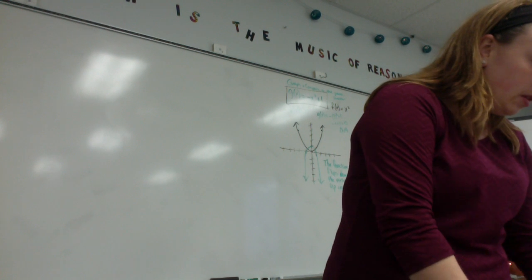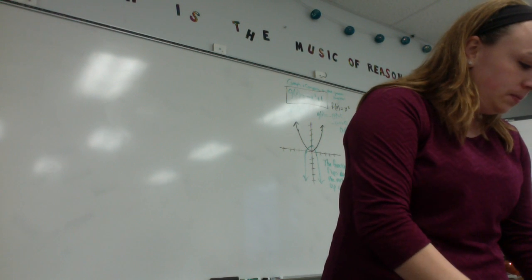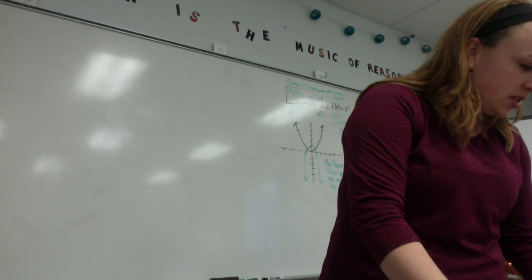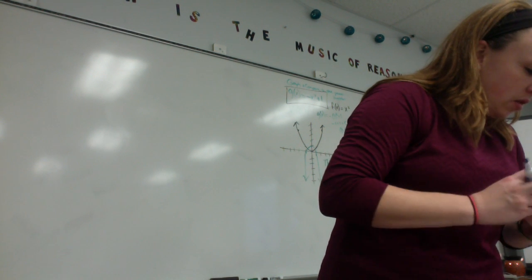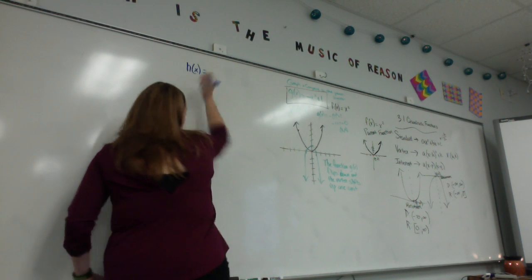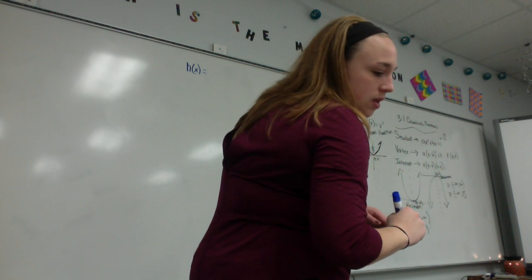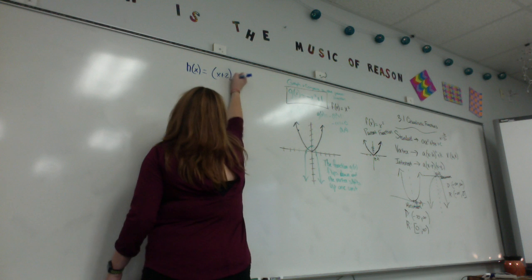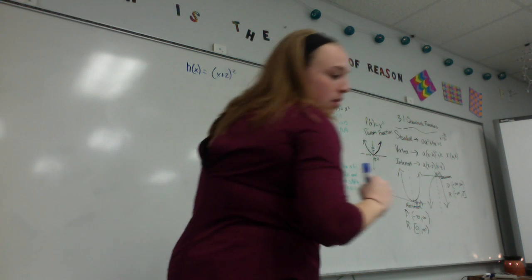So we're going to look at one more, and then tomorrow we will finish this lesson. So let's look at comparing and graphing one more. Let's say we have h of x equals x plus 2 squared, and then minus 3.